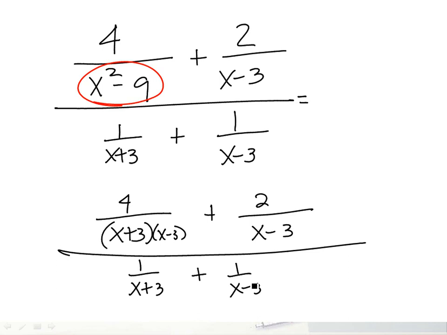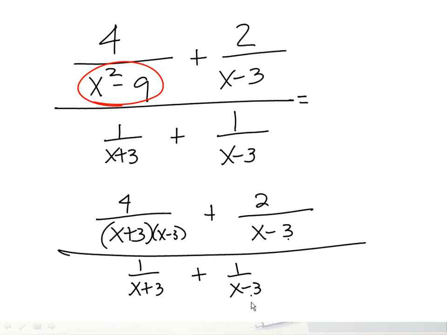So the LCD is x plus 3 times x minus 3, since I have an x minus 3 here and here, and I have an x plus 3. So I can get all of them to basically look the same. That's how I know what my LCD is. But since we're using method 2, I'm not trying to make them look all the same. I'm actually trying to get rid of all the denominators so I can simplify my answer faster.